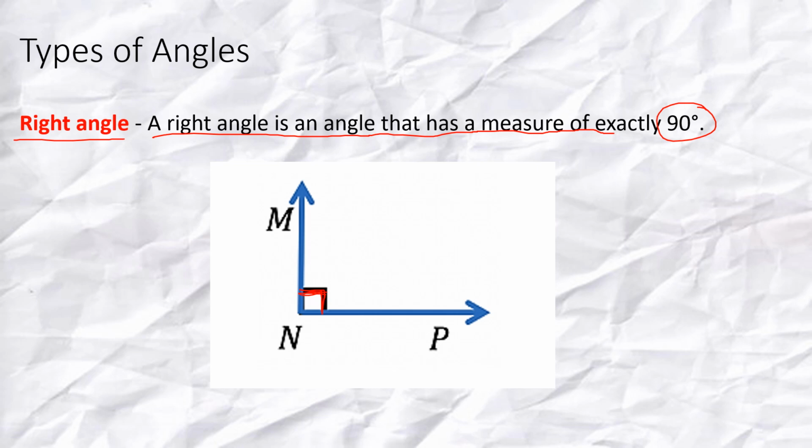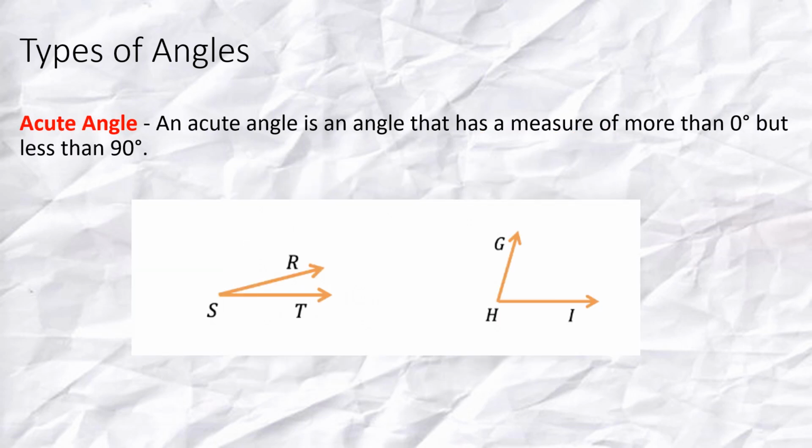So in this case, angle MNP is a right angle since it measures 90 degrees.